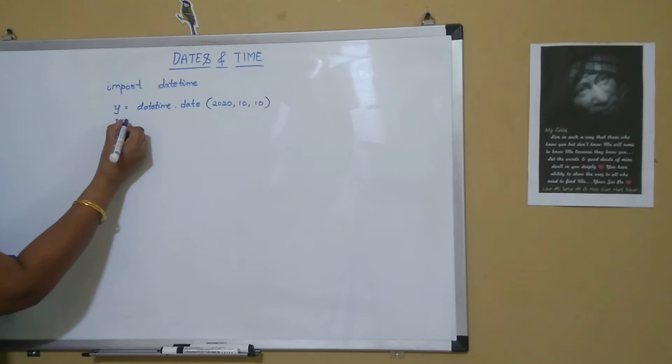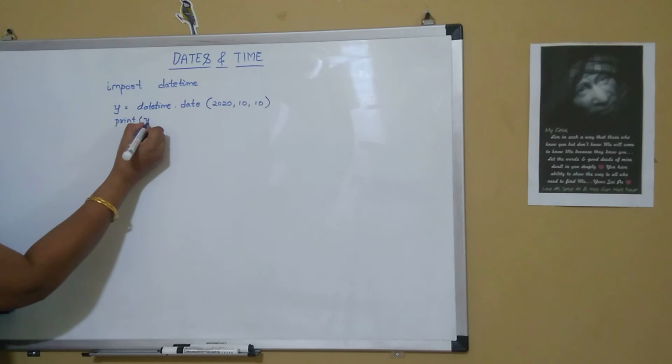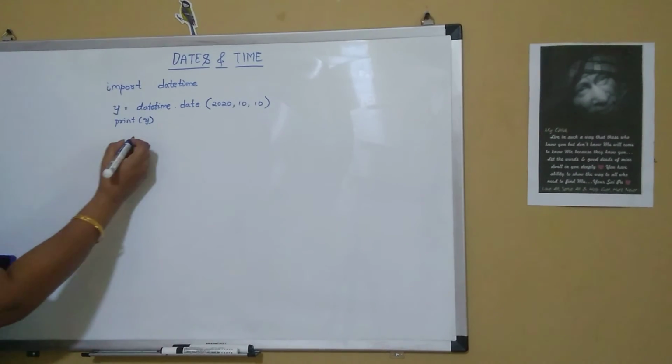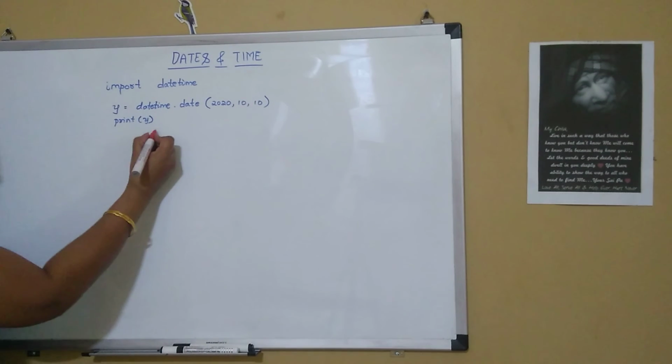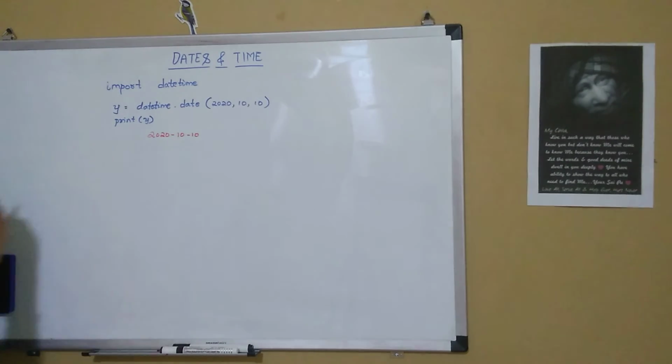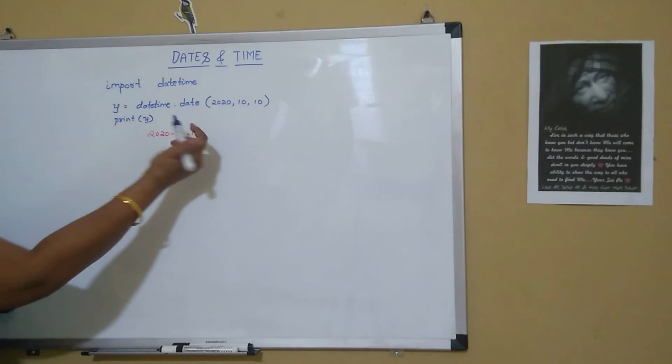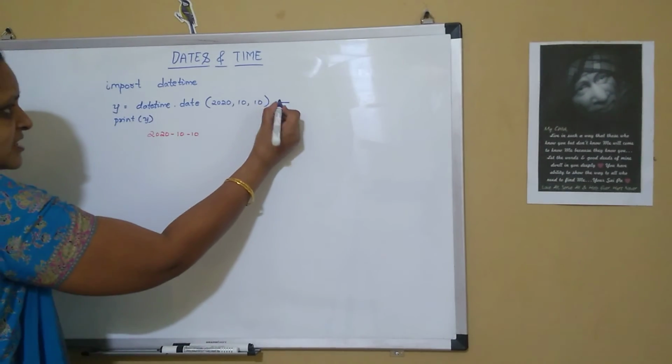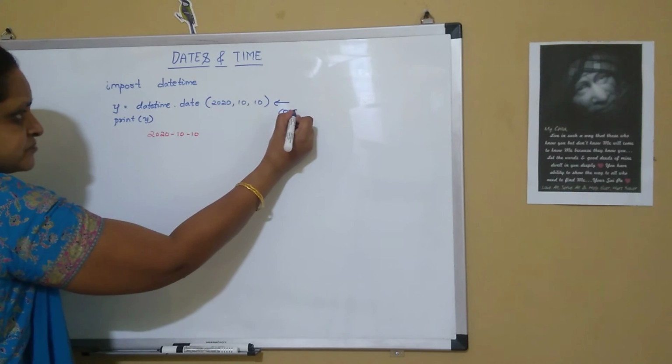Now if I print y, which is holding the date, it will print 2020 hyphen 10 hyphen 10.